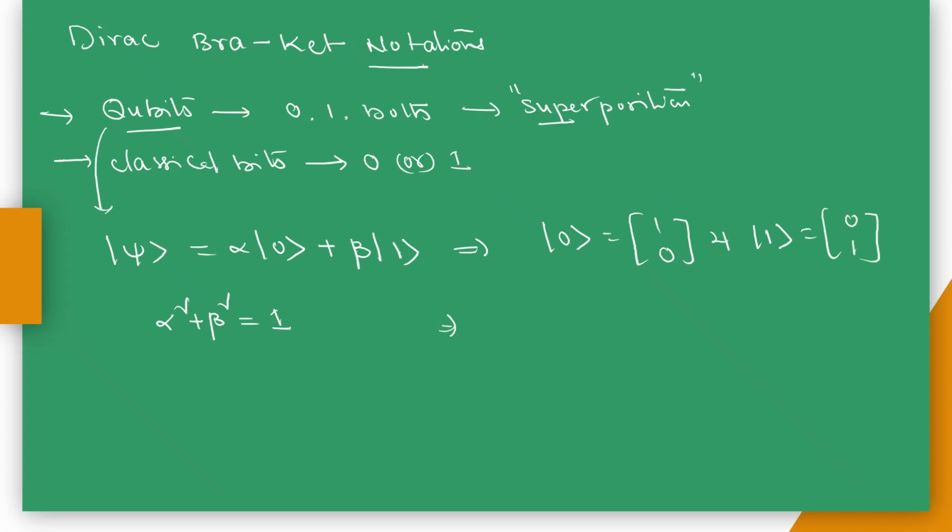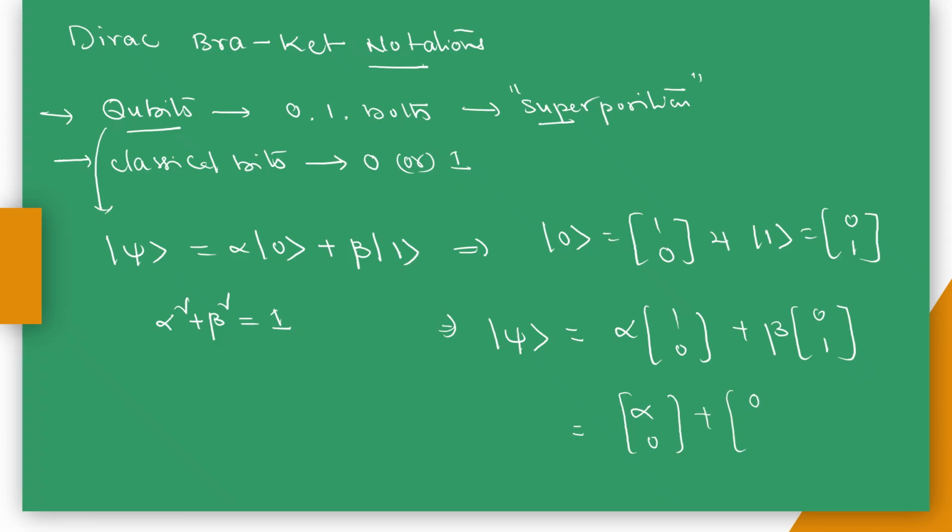Therefore, the state psi can be written as alpha times (1, 0) plus beta times (0, 1), where alpha and beta are the probability amplitudes. When we multiply these out, the final state psi for a single qubit is the column vector (alpha, beta).